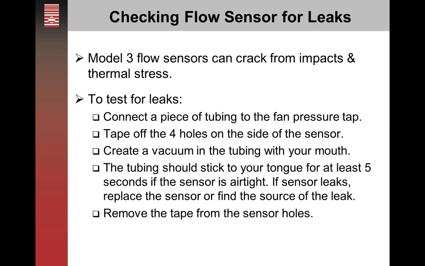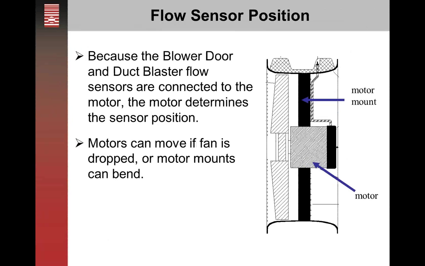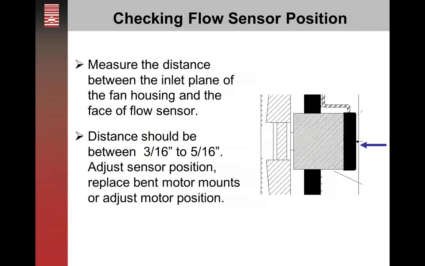Sometimes if you have some very strange numbers, that will mean that there's some sort of leak either in the flow sensor or the tubing. So the flow sensor position, we can see that here with the motor. The values that we want to measure are right here, and this should be no more than 5/16 and no less than 3/16.